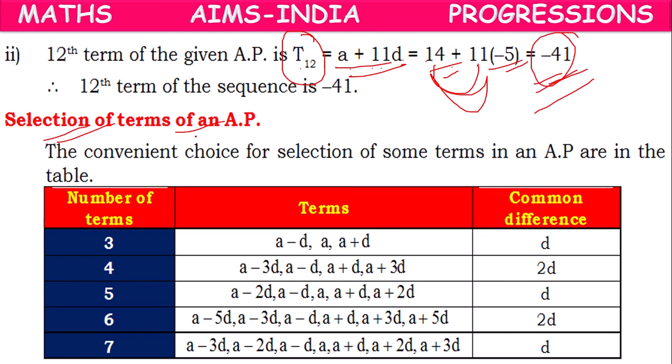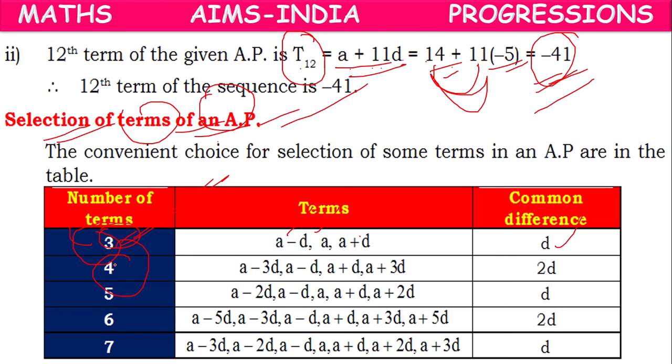So how to select the terms of an AP: based upon the problem, we have to select the terms of the AP, children, so that it will be easy in calculation. If you want to take 3 terms, we can take them as a minus d, a, a plus d, so that the common difference is d.